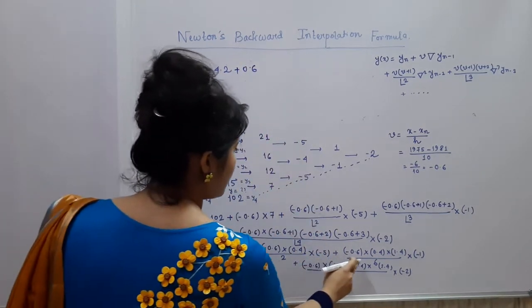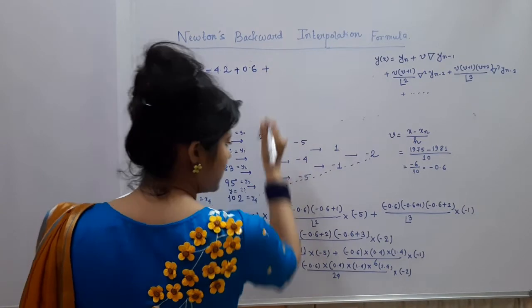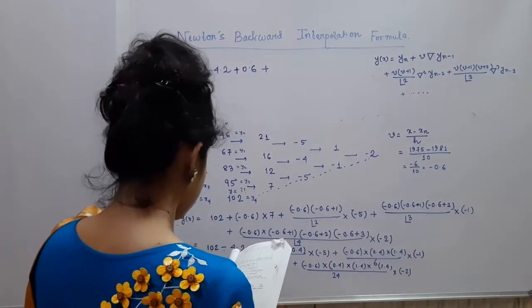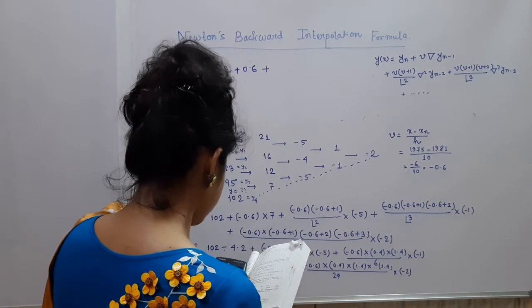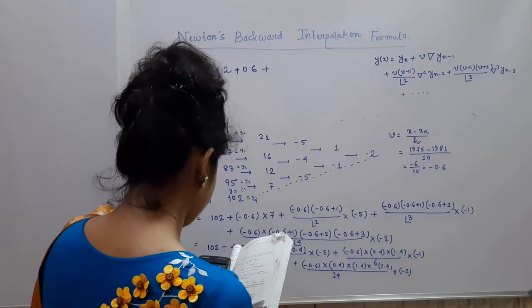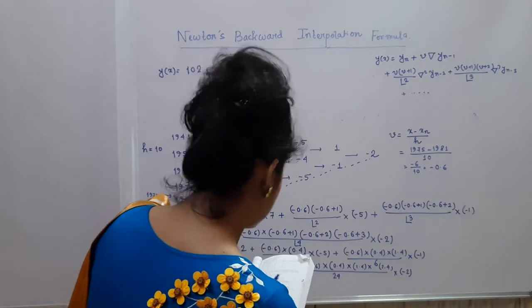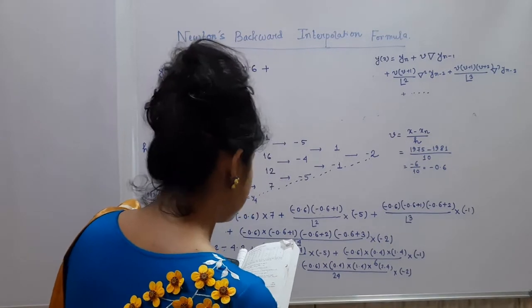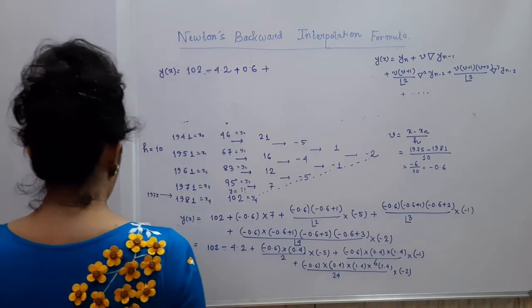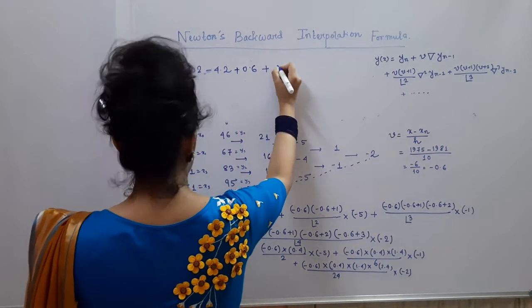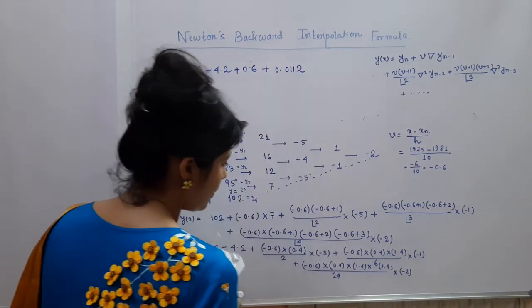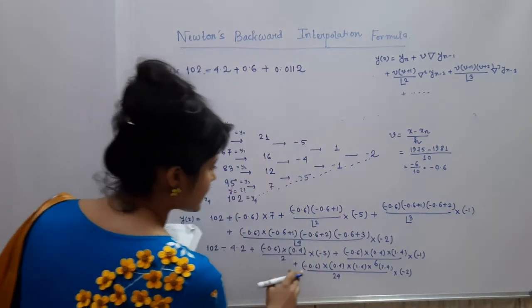Now this one is minus plus. So this one is 0.6 into 0.4 into 1.4 divided by 6, that is 0.0112.